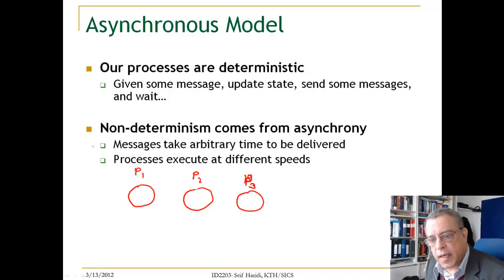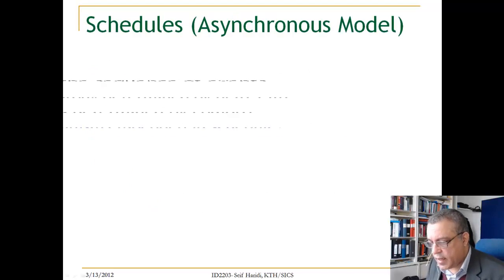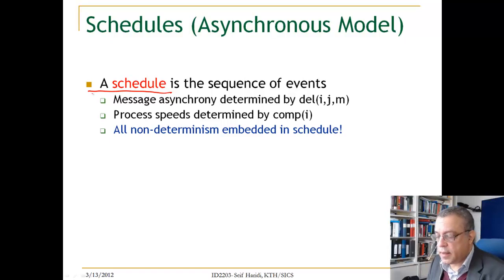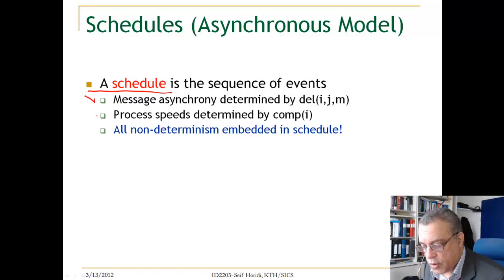That actually gives us a way to model that messages take an arbitrary amount of time to be delivered and processes execute at different speeds. In the asynchronous model, we define something called a schedule. A schedule is a sequence of events. Message asynchrony is determined by when we perform a delivery event, and process speed is determined by when we perform a computation event.